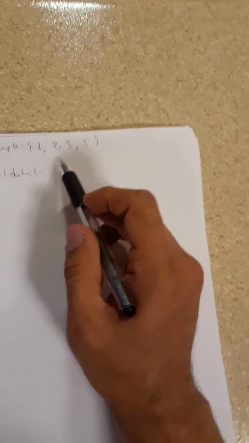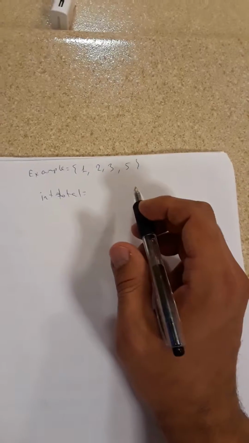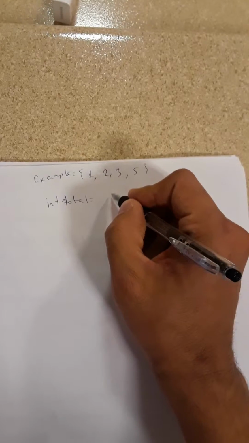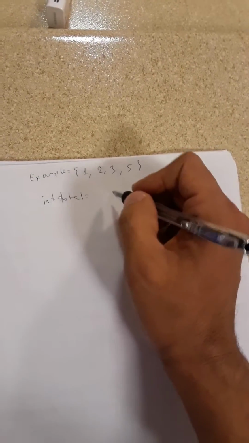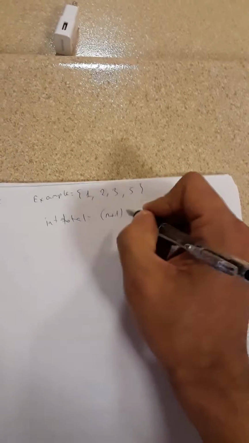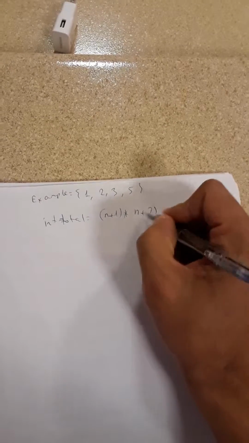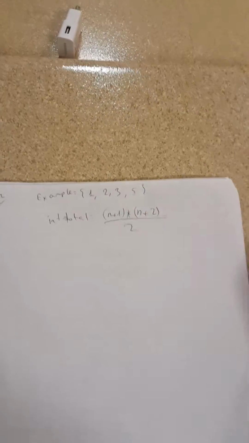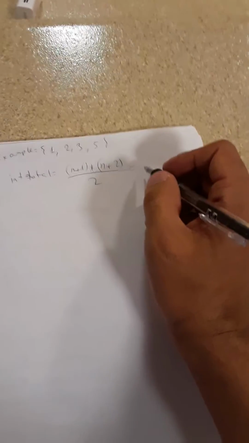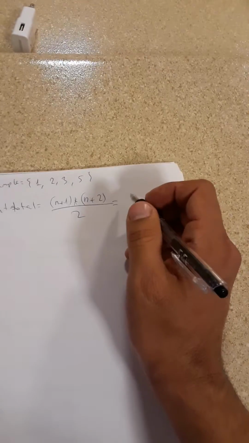It takes the number of elements in the array, n plus 1 multiplied by n plus 2, all divided by 2, and the calculated number is always the number that should be the total.